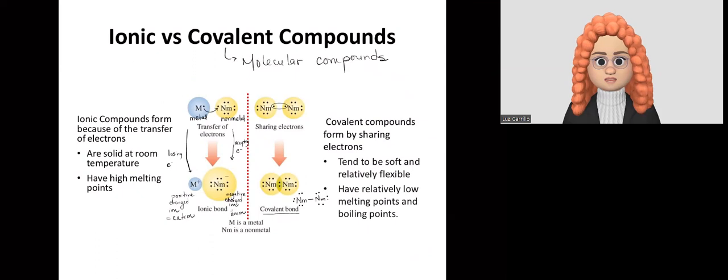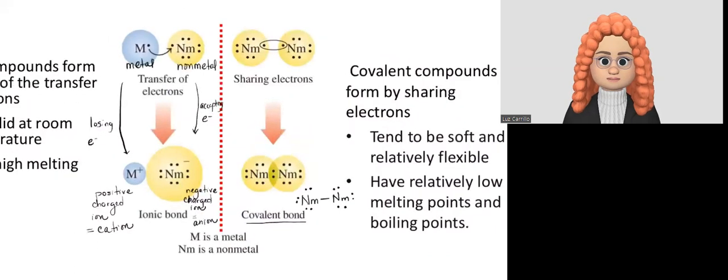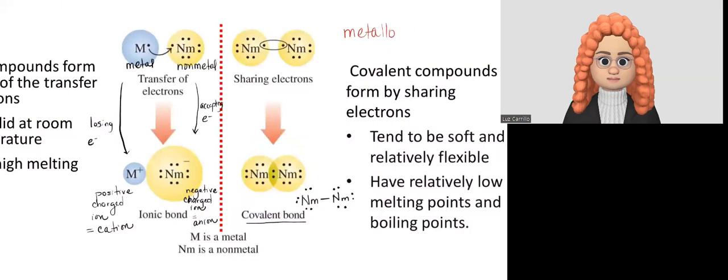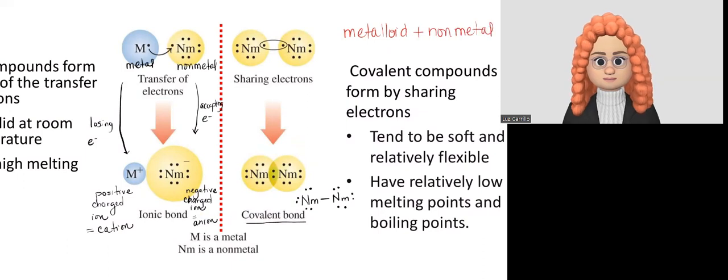I should note one more thing. If you have a metalloid plus a non-metal, that is going to be, in this course, a covalent compound.